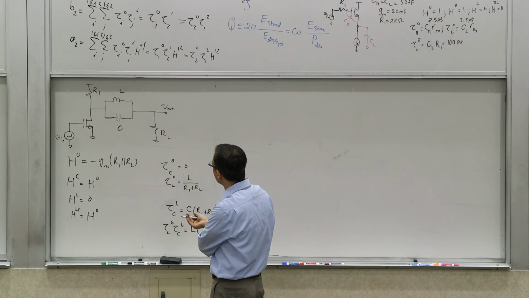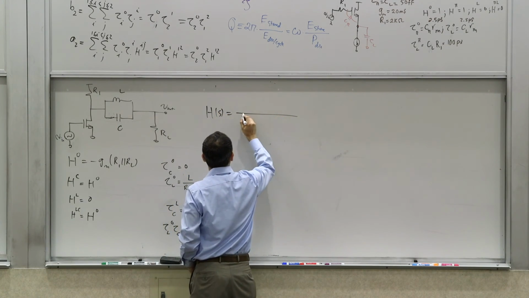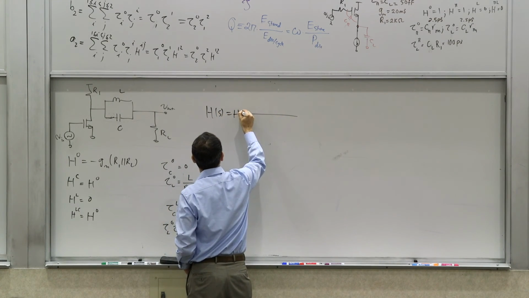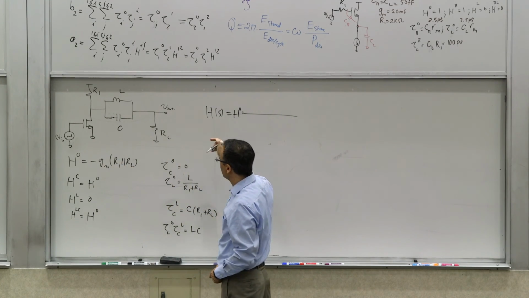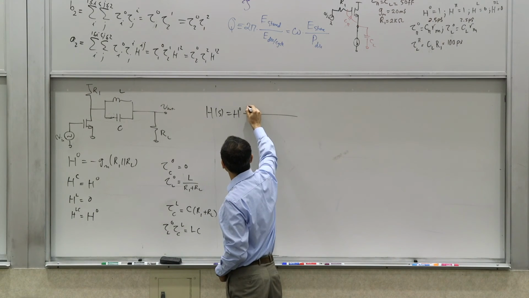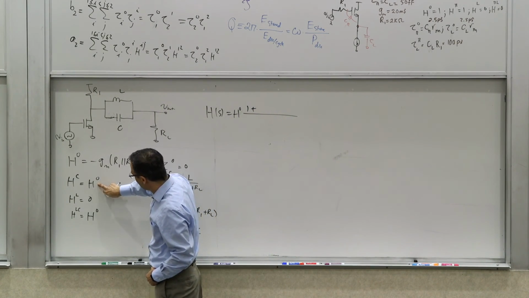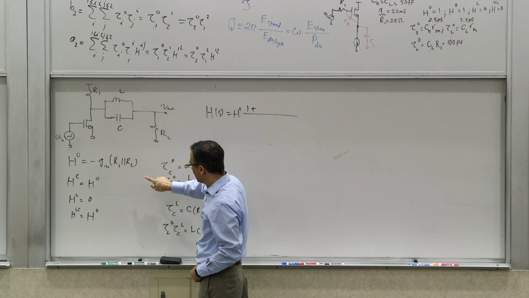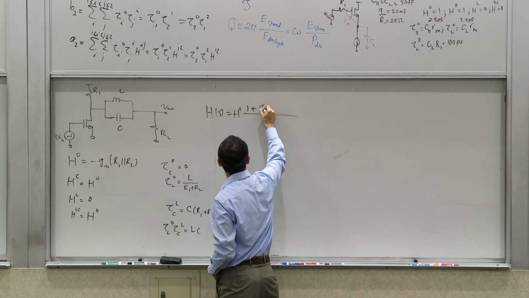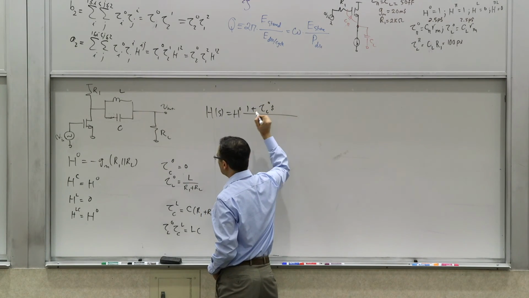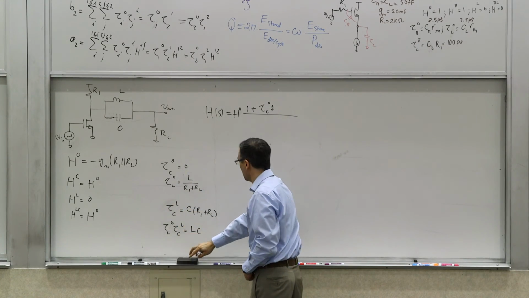We are essentially done, but let's write the transfer function. So H of S is, I can factor H0 from the numerator because it's everywhere. From the first term, I get 1. The second order term, A1, will have H0 times HC times tau C0 S, so this is basically tau C0 S. But tau C0 is 0, so that's going to go away.